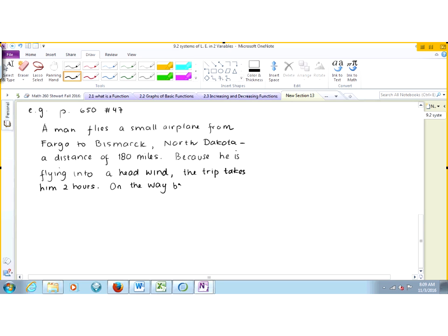On the way back, the wind is still blowing at the same speed.